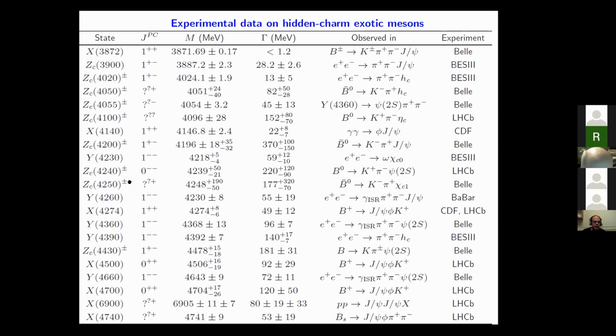They are explicitly exotic states because they need to contain an additional pair of light quark and antiquark in order to make these charmonium-like states have charge. Also, there are states observed in the phi J/psi mass spectrum, and these states should contain not only hidden charm but also hidden strangeness.